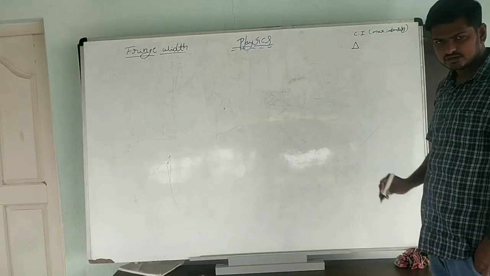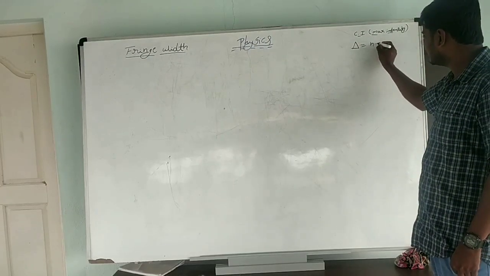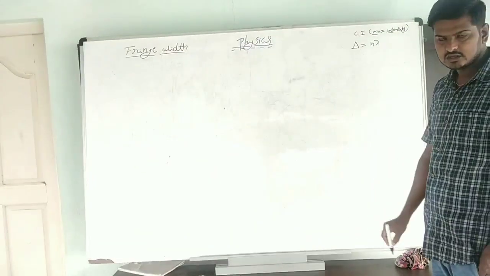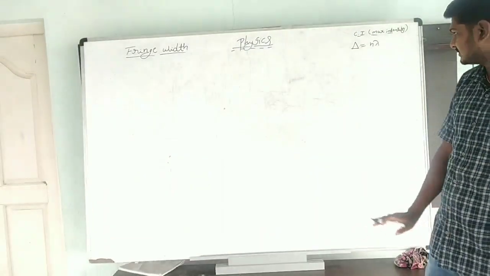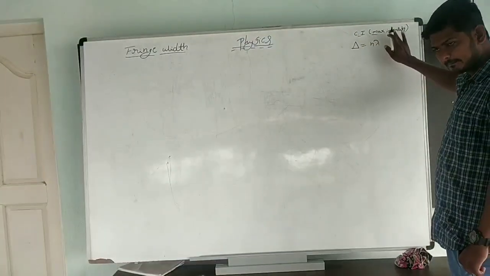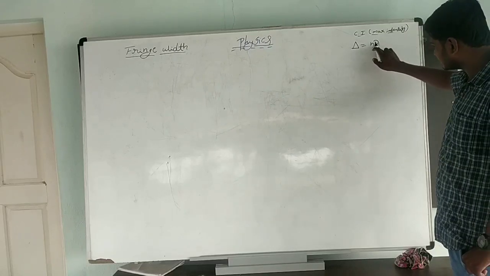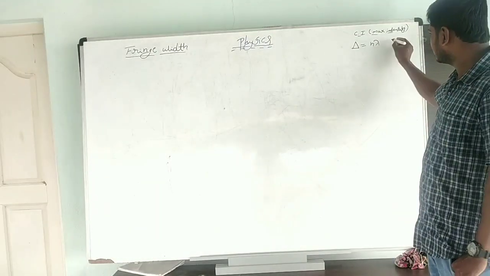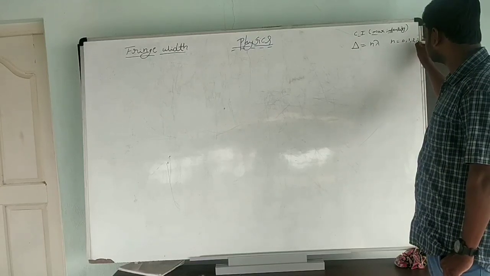For constructive interference, the path difference will be n lambda. We have to remember this, as we will use it in the derivation. Path difference, I am going to write delta, will be n lambda. Here n varies from 0, 1, 2, 3, etc.